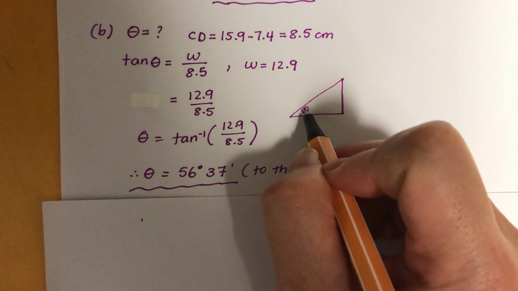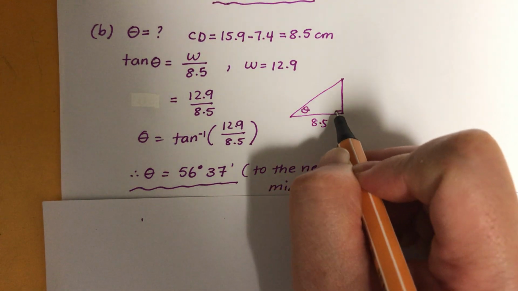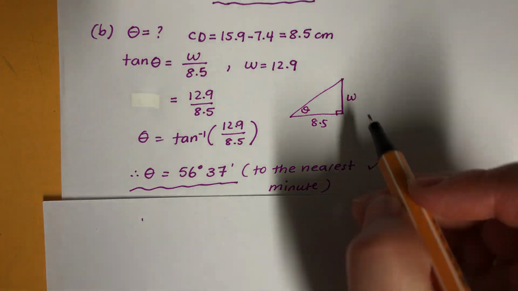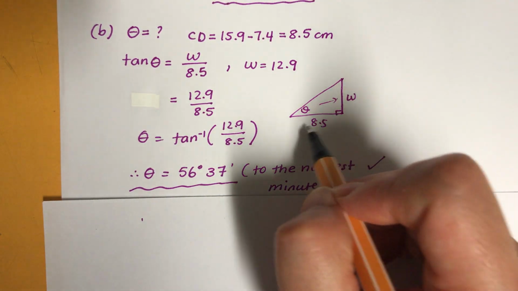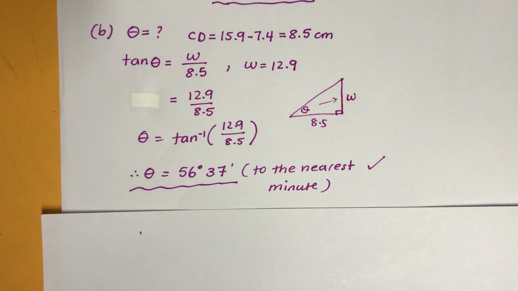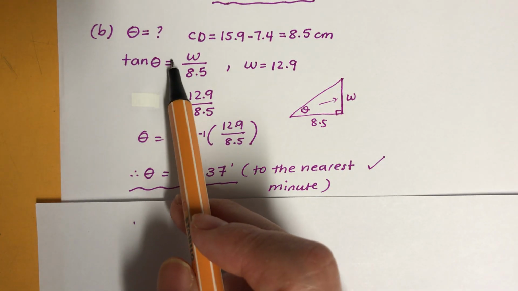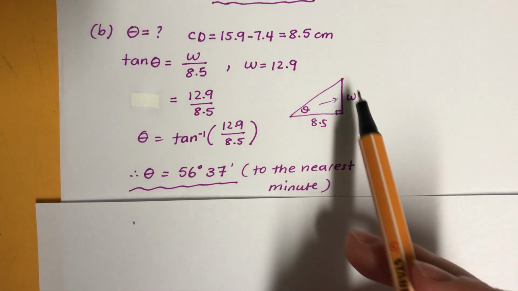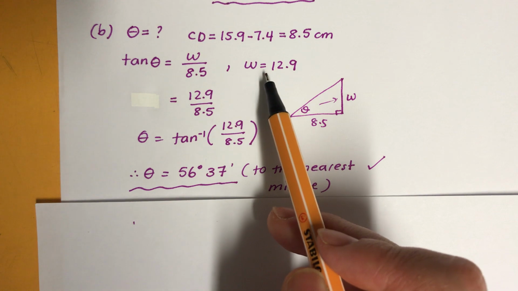It's just easier for us. So 8.5, right angle triangle. That's something we need to know. So that's opposite and that's adjacent. So it's TOA, so it's tan. So tan theta equals opposite over adjacent.